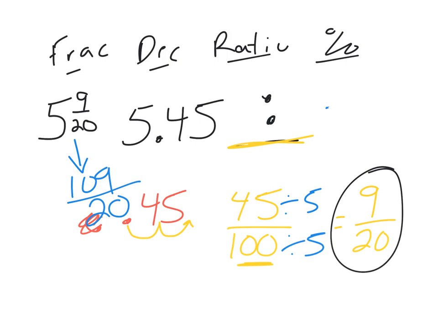So as an improper fraction, this would be 109 over 20, but that's where that ratio is going to come from. My ratio is then 109 to 20. So anytime you have a mixed number, simply make it an improper fraction first, and that's where that ratio will come from. All right, and lastly, the percent is going to come from the decimal.